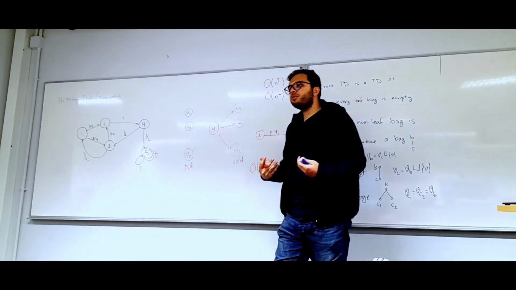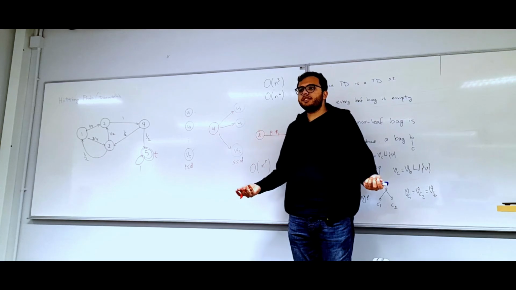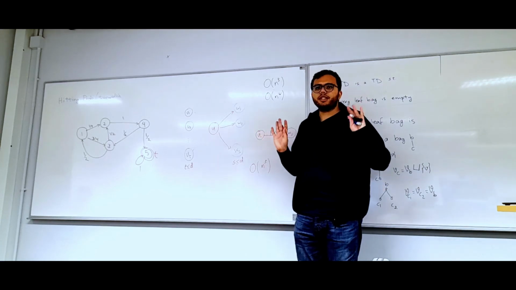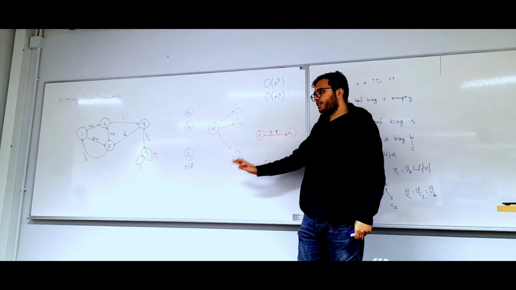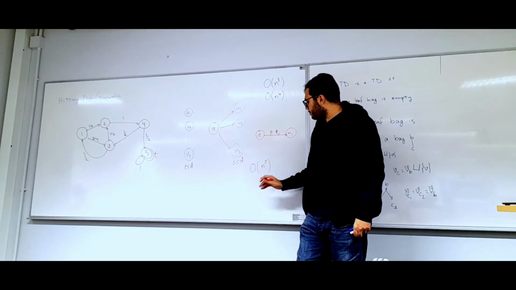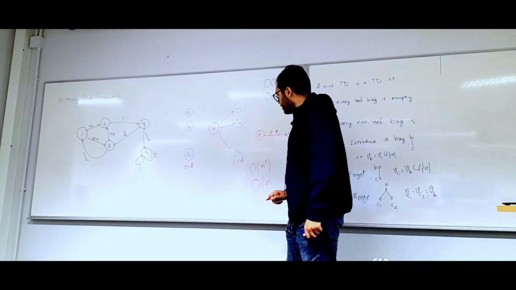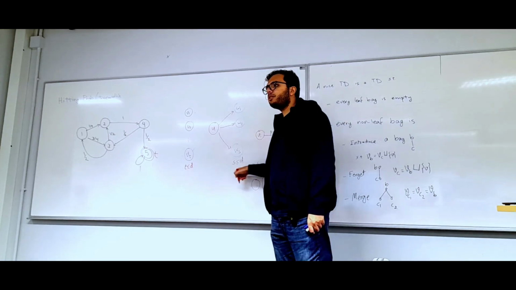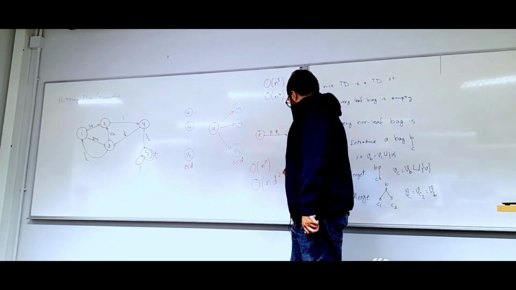So whenever I'm removing a vertex, it has at most d predecessors and d successors. Just imagine this for a second. I'm not going to tell you yet how to do it. I'm just saying imagine this. Then what would be my runtime? Well, I have to remove n vertices, and each one of them is now going to take d squared time. So my runtime would be n times d squared.